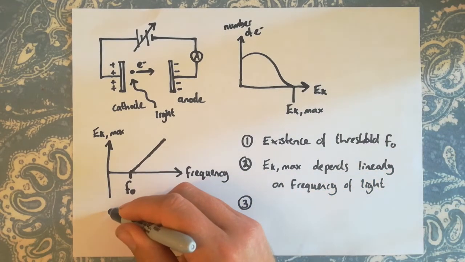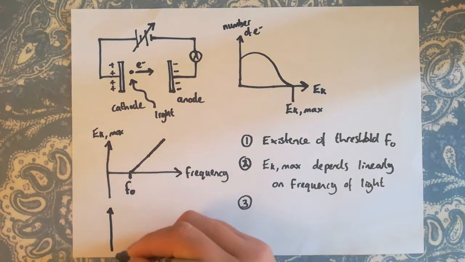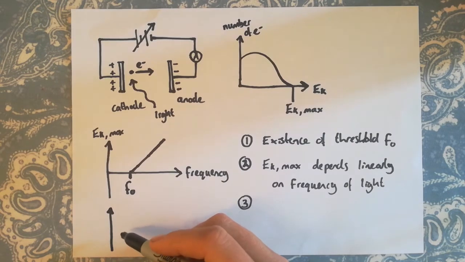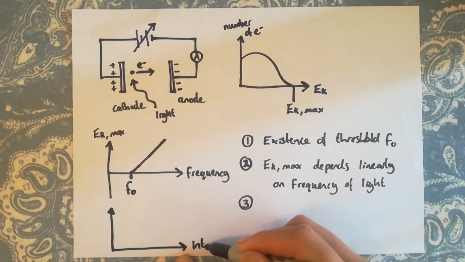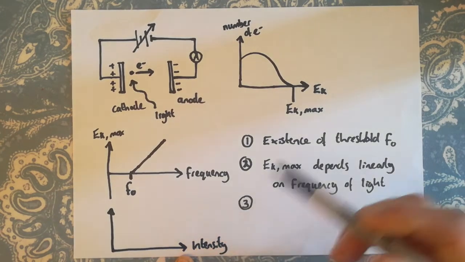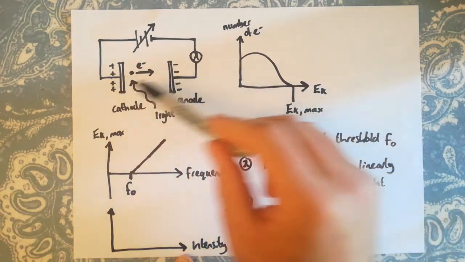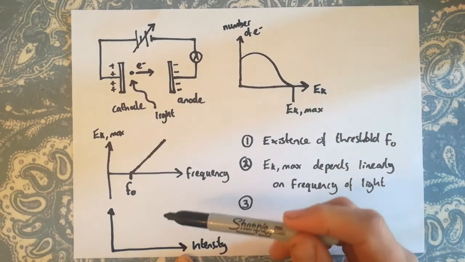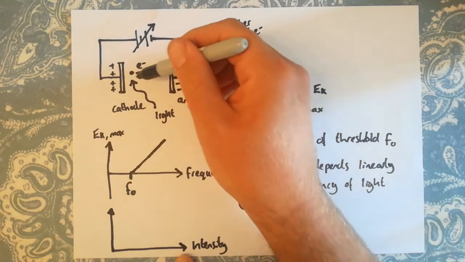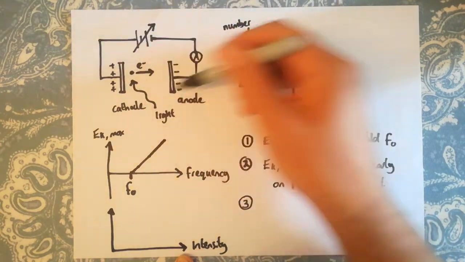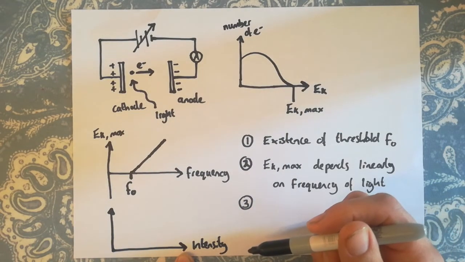If we do this, we can look at the effect of the intensity on the flux of electrons. So how many electrons per second are leaving this cathode of a certain area, and because those electrons are going to flow around the circuit, we could describe that as the current.